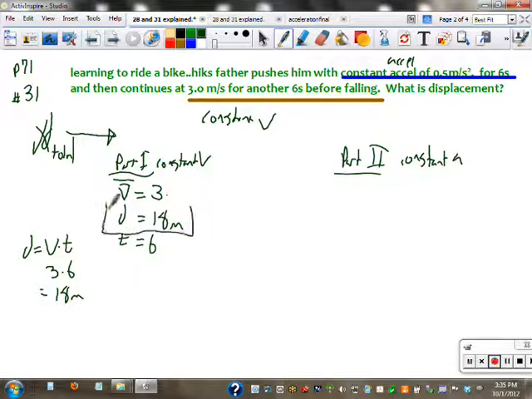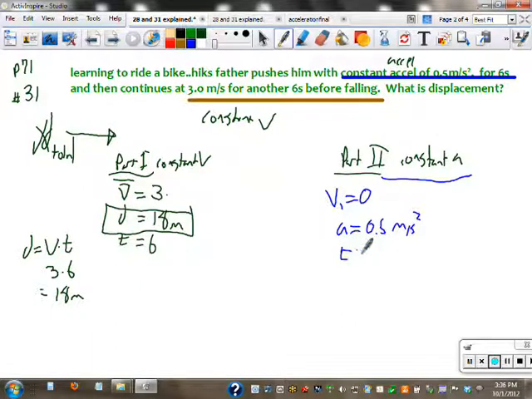Okay, that's part 1. Part 2 is during the acceleration. During the acceleration, first we know velocity initial equals 0. Acceleration equals 0.5 meters per second squared. Time equals 6 seconds.